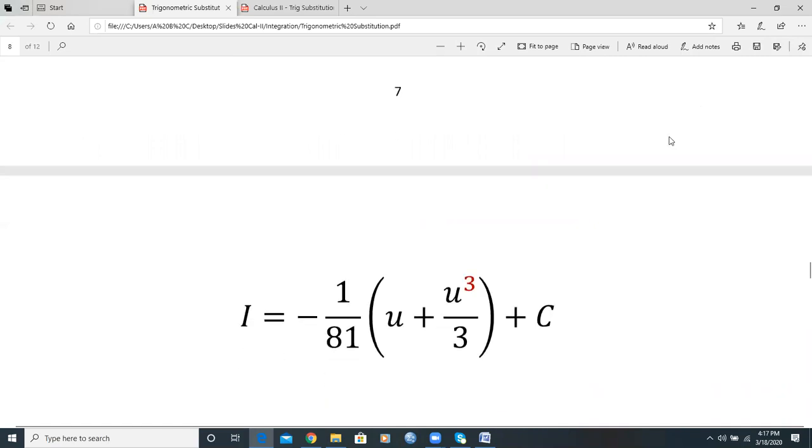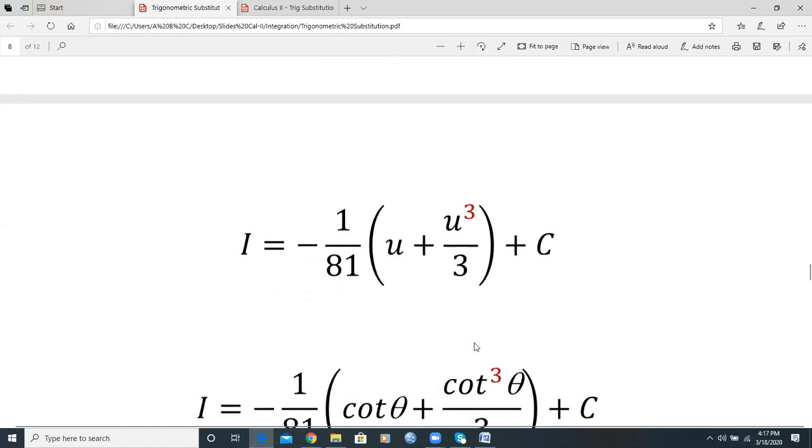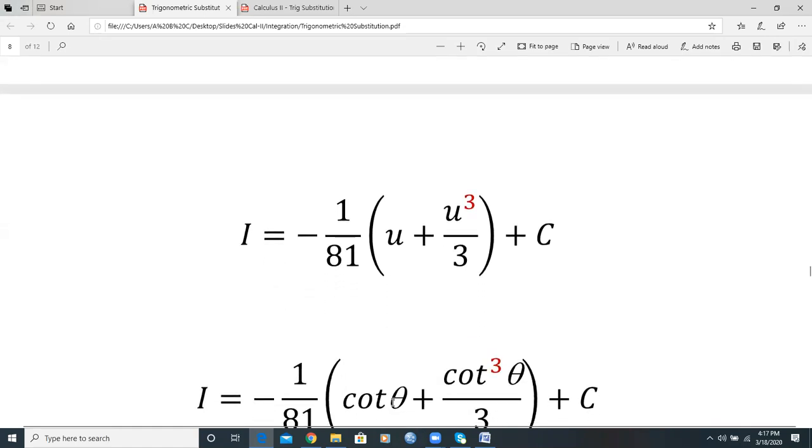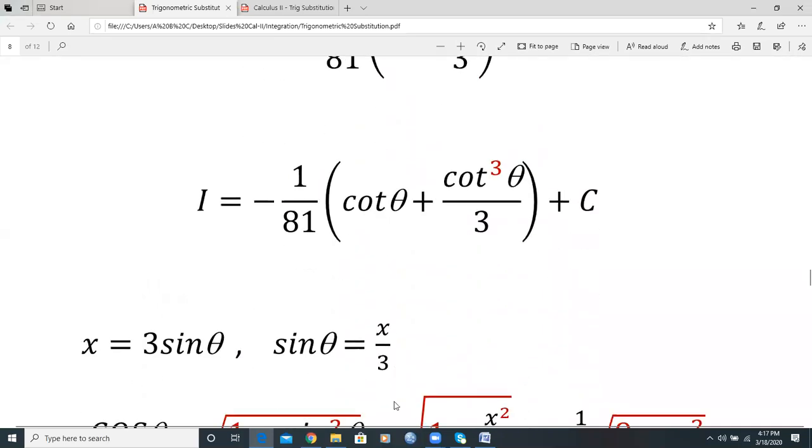It becomes u plus u cube over 3. Now we will apply the backward substitution. We replace u is equal to cot theta, and we started from the substitution x is equal to 3 sine theta. So therefore, sine theta is x over 3.